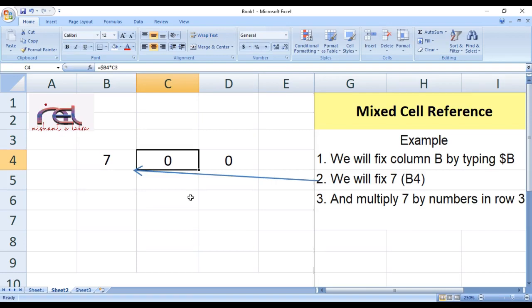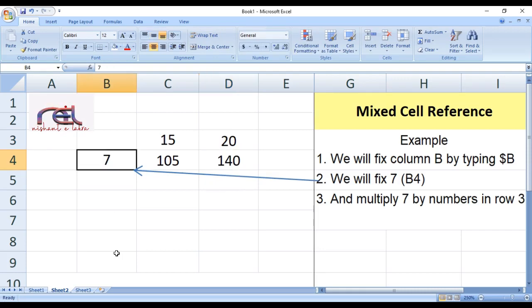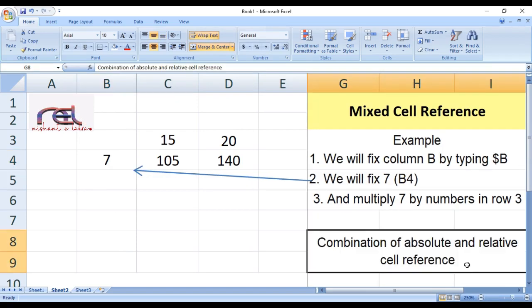Now let me enter a number to check if it can be multiplied. 15, you can see there 7 is multiplied by 15, getting 105. 7 is multiplied by 20 and you will get 140. So this is mixed cell reference. This mixed cell reference is a combination of absolute and relative cell reference. I hope you have understood this.